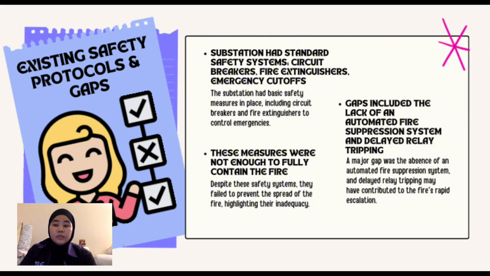While the substation was equipped with standard safety protocols such as circuit breakers, fire extinguishers, and emergency cut-offs, these were insufficient to completely contain the fire. A critical gap was the lack of an automated fire suppression system, which could have reduced the fire's intensity. Furthermore, there was a potential delay in relay tripping, which contributed to the escalation of the incident.